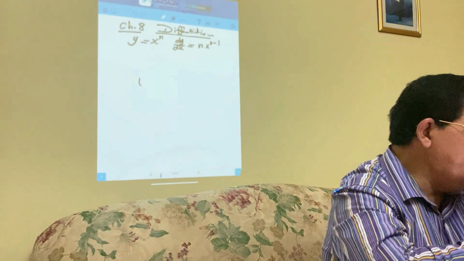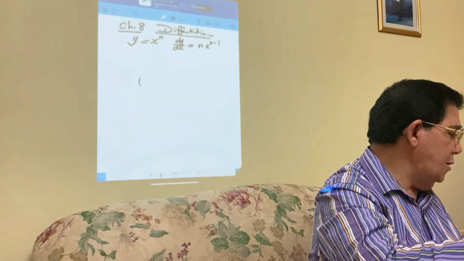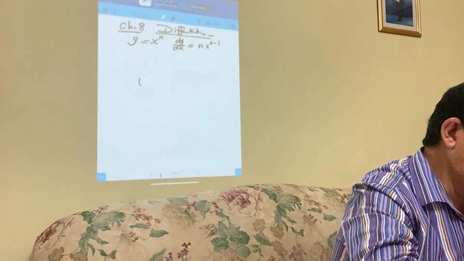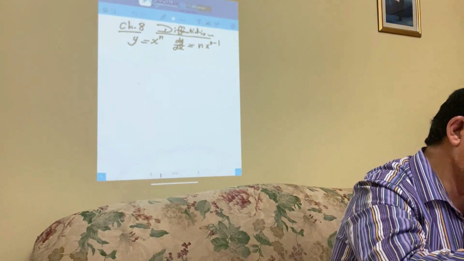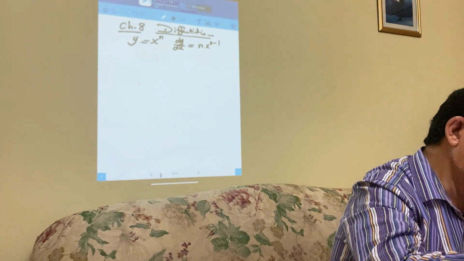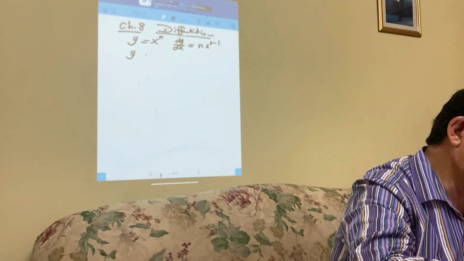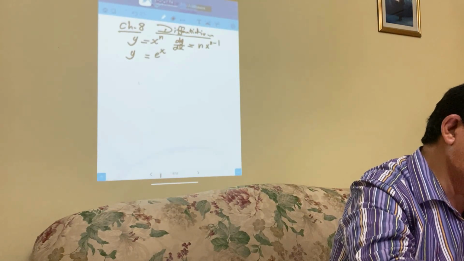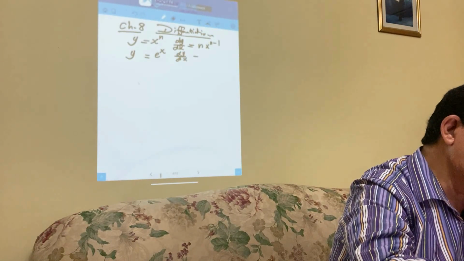Earlier in this book, we learned about the exponential function and the logarithmic function. And we learned this: if y equals e to the power x, this very special function, its differentiation is the same, e to the power x.